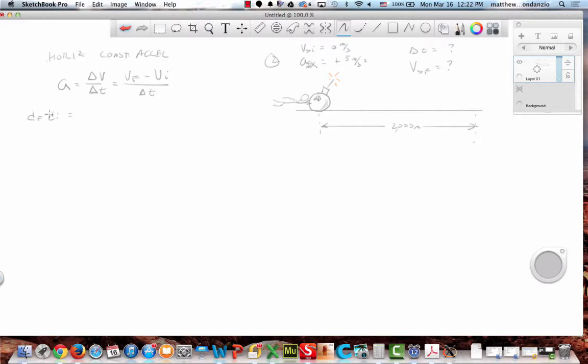That's going to equal half of the acceleration times delta t squared plus initial velocity times delta t. Do you remember why this is important, guys?